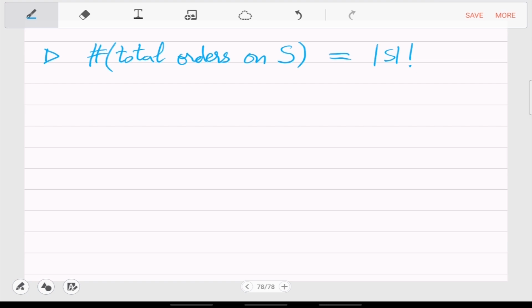Is that clear? So total orders are like permutations. For infinite, you can imagine what will happen. So let me just add for finite S. That's the claim.